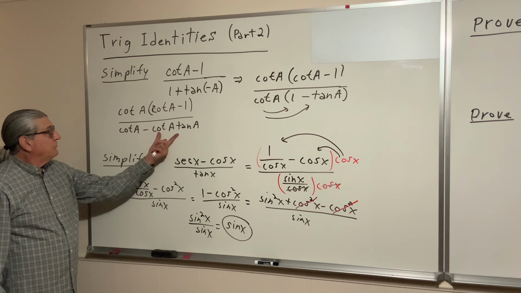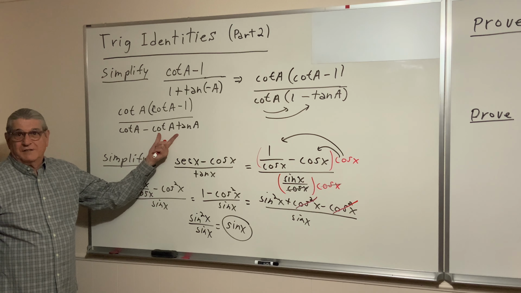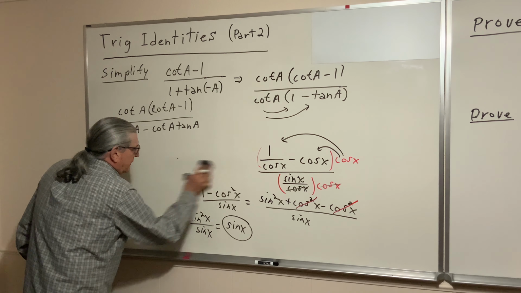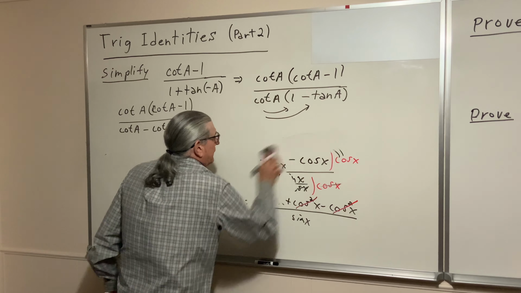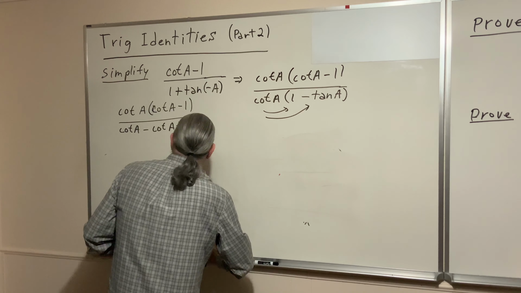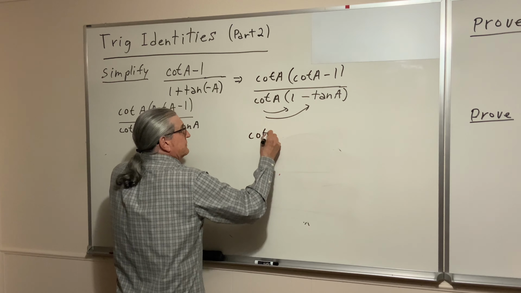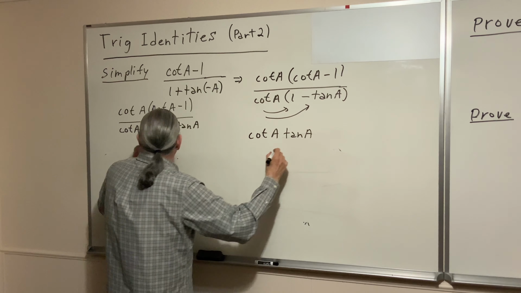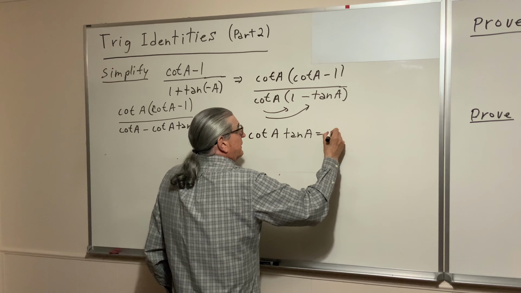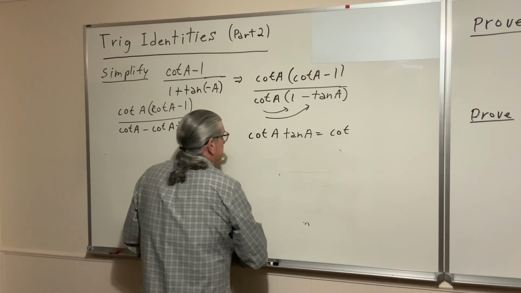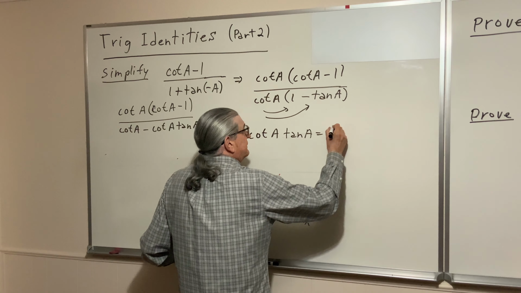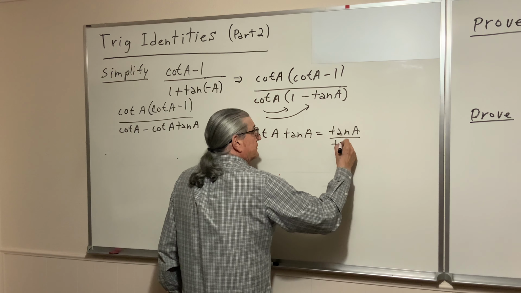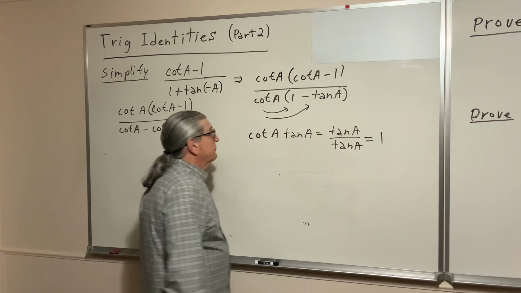Now, the cotangent of A times the tangent of A is 1. We can put another step in there if we want. If we take the cotangent of A times the tangent of A, the cotangent is 1 over the tangent, so this is the tangent of A over the tangent of A. So that's just 1.